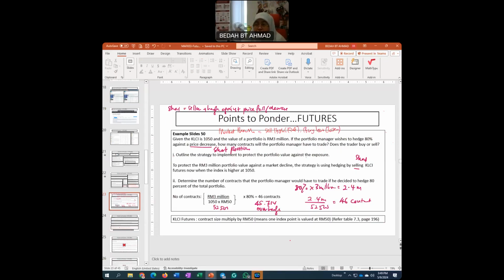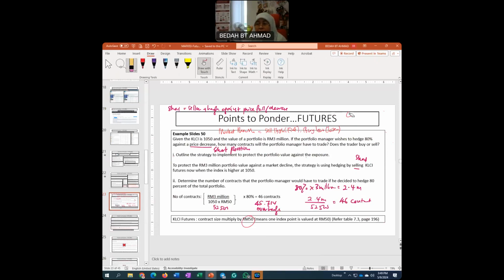So how many contracts will the portfolio manager have to trade? Remember, the contract size for the FKLI is RM 50. The trading strategy will be sell.